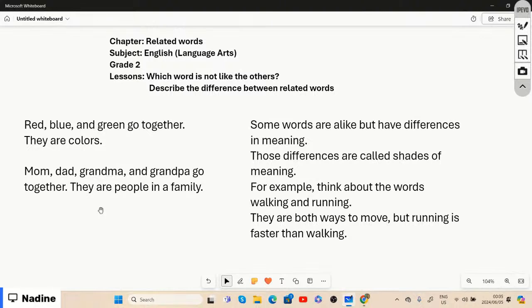And the lesson that we are focusing on is which word is not like the others, and to describe the difference between related words.